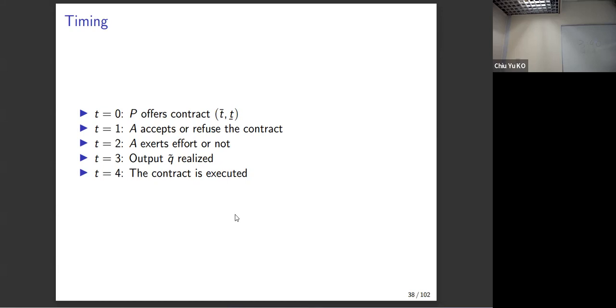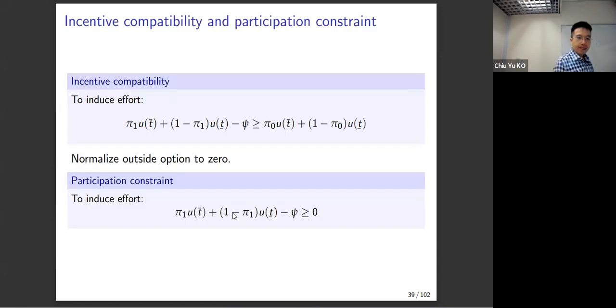Because if the agent doesn't exert effort, then there's no problem. If I don't want the agent to exert effort, then I just don't pay him anything. So that's trivial anyway. So we have two constraints. Look at the one below, very simple.